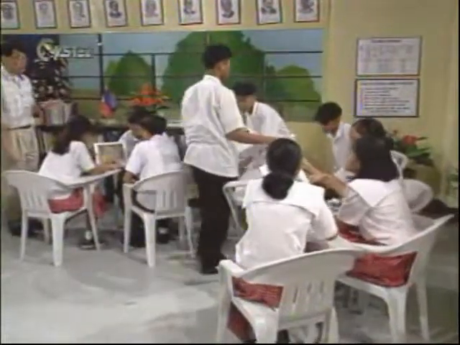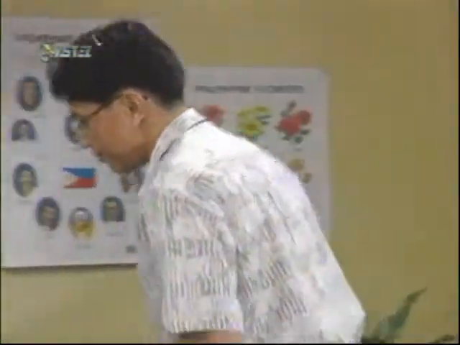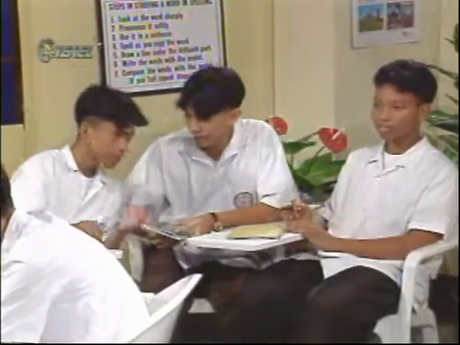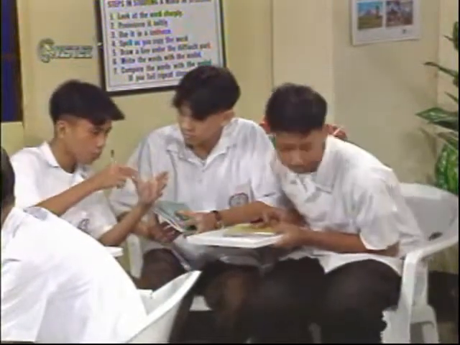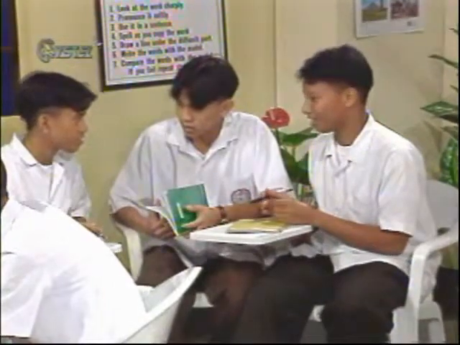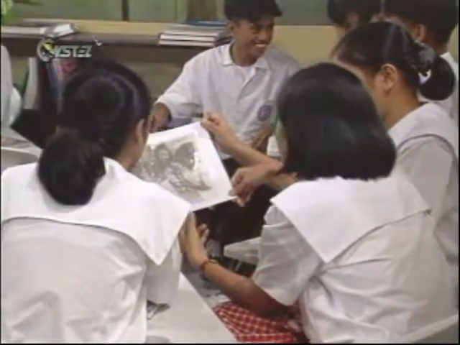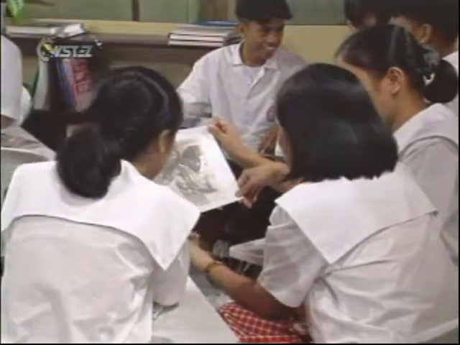Now that we have a new group, I would like you to reconstruct the story by describing the picture that you have seen. All right? Okay. Now, I would like each group to tell their story. Begin.